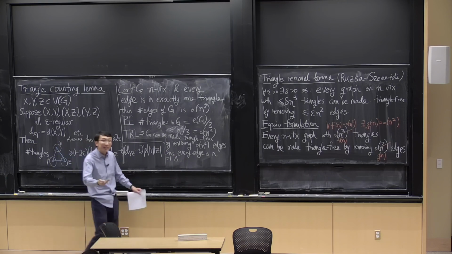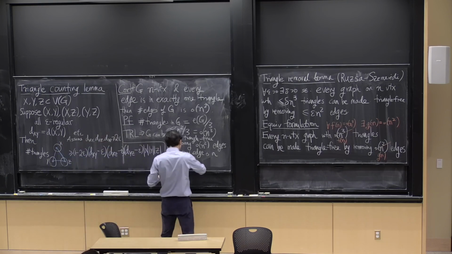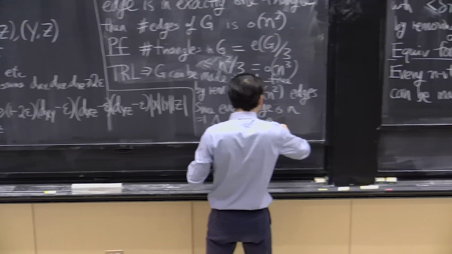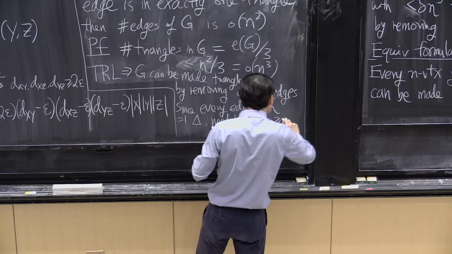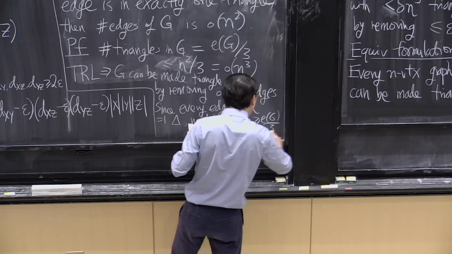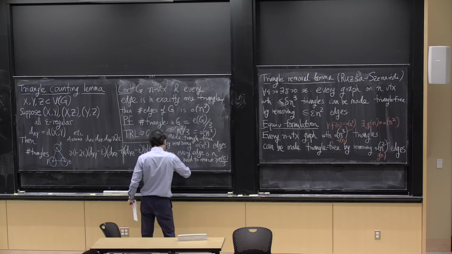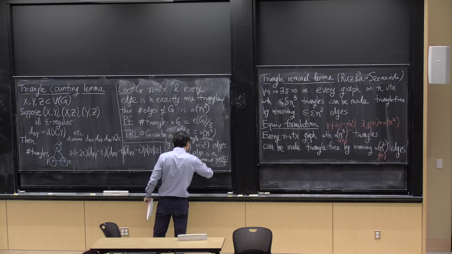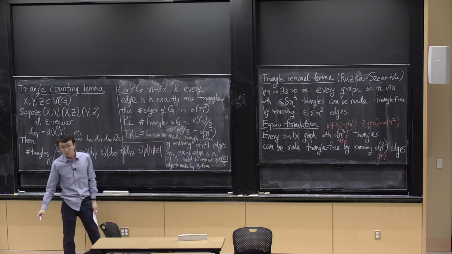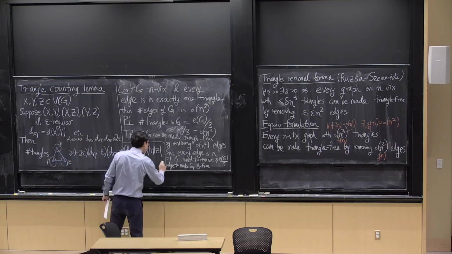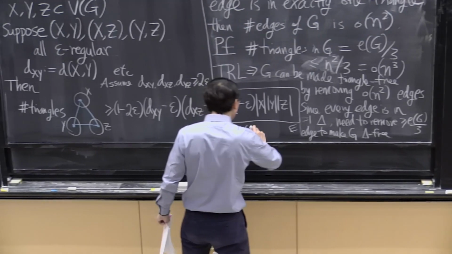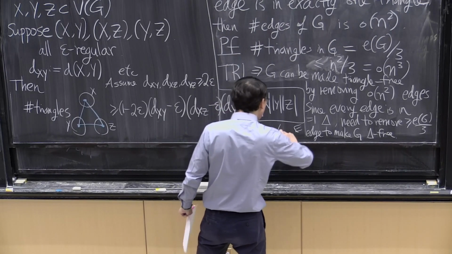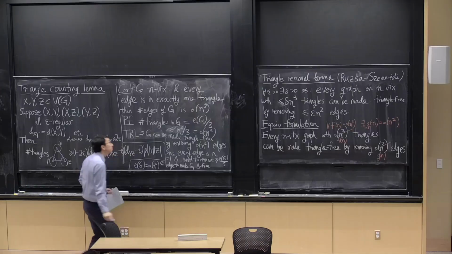Well, I need to remove at least a third of the edges to make G triangle free. Right? Putting these two claims together, we see that the number of edges of G must be little o of n squared.